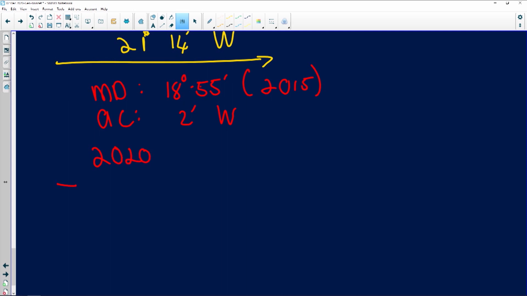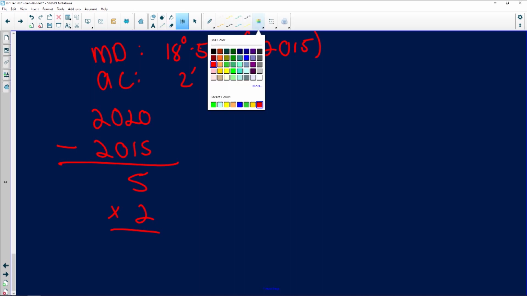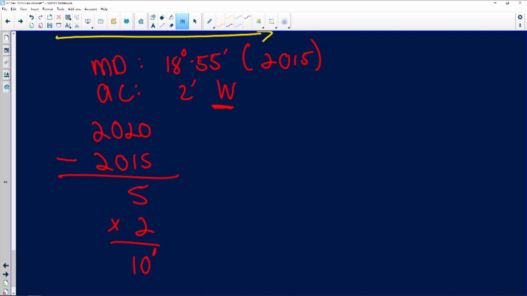2020 subtracting 2015 gives me 5. That's 2 minutes. So it's 5 times 2, that gives me what? 10 minutes. Because we're moving west, what are we going to do? We're going to add.